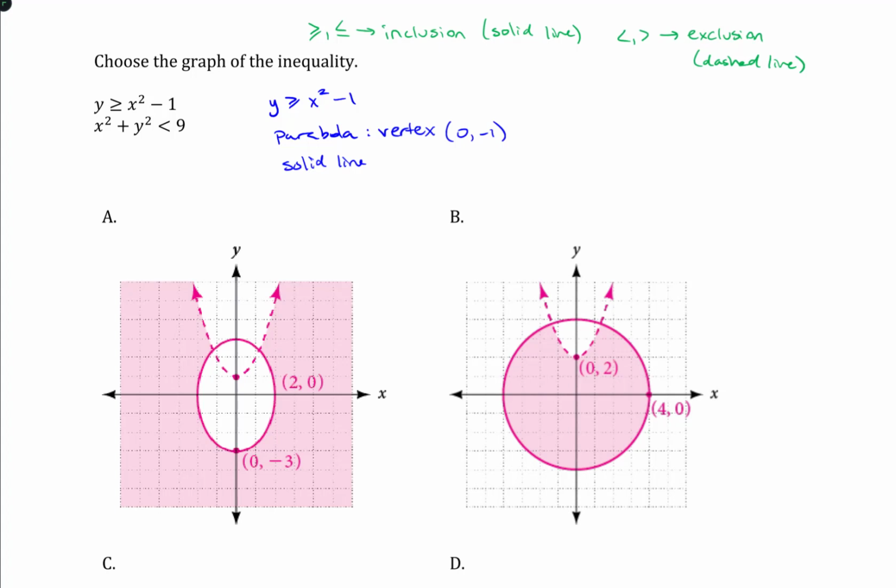Now, we might be able to rule some things out just from these pieces right here. So in part A, we certainly have a parabola that is opening upward and has a vertex here at, well, no, that's not at the right spot. That's at 0, 1, not 0, -1. So that we can rule out.